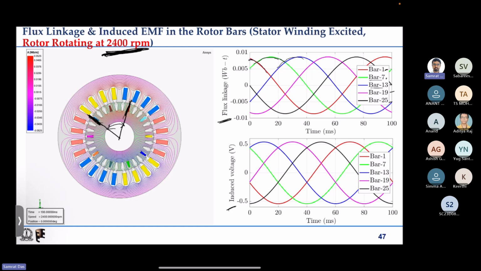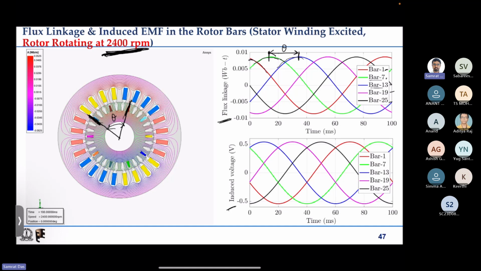Whatever is the angle, because this is two pole, the flux linkages will lag each other, lag the subsequent bars by the same angle. So if this is theta, this lag in time angle will also be theta.